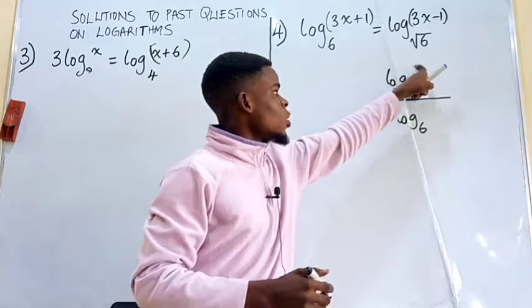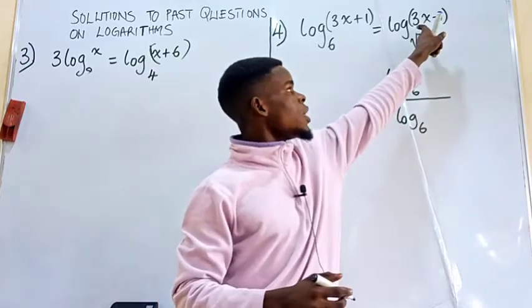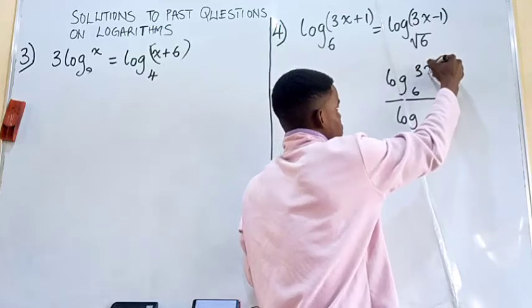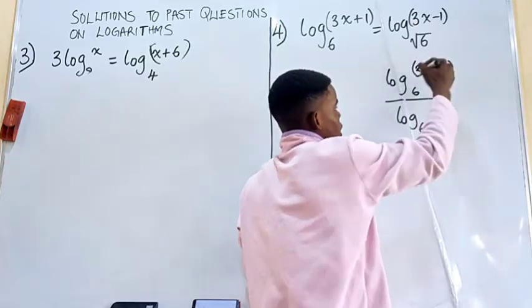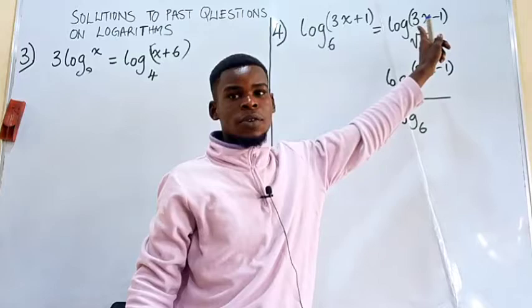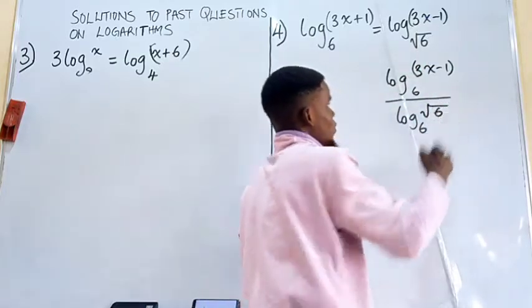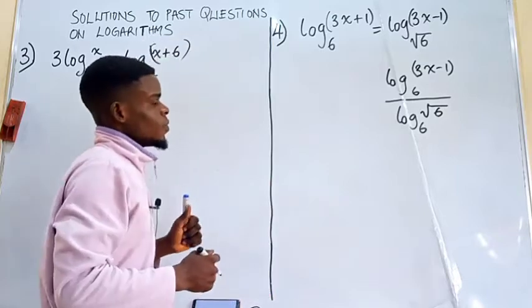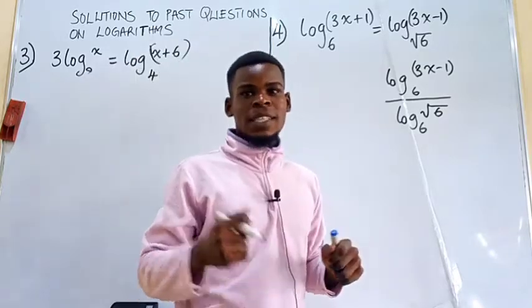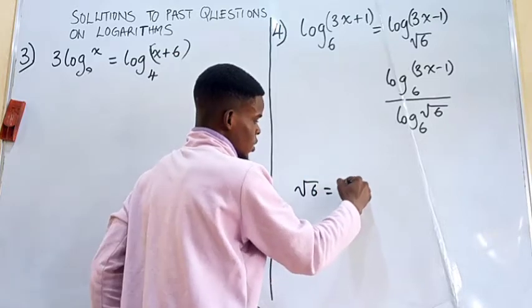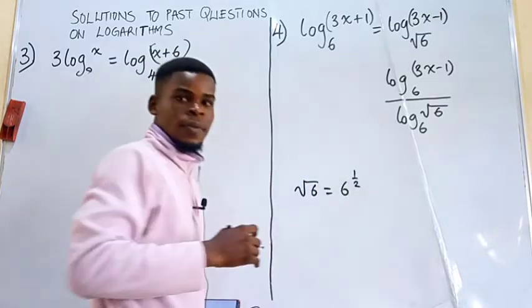So what I will do here is put down the expression 3x minus 1. And then in the denominator, I'm going to put down the older base, the square root of 6. Now you observe that square root of 6 is the same thing as 6 raised to the power of 1 over 2.